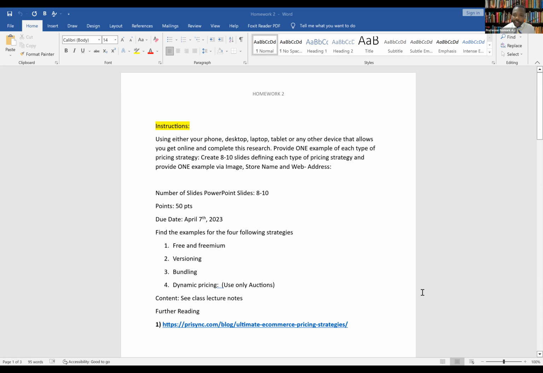Here are the 4 pricing strategies that we can look at. One is free and freemium. You see many companies, e-commerce platforms, offering free, and then they turn to freemium, meaning that if you don't pay, it turns into a paying subscription. Versioning, right?